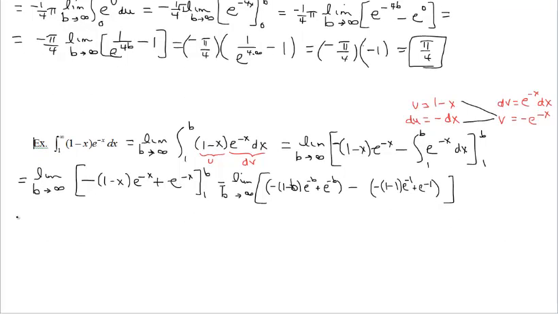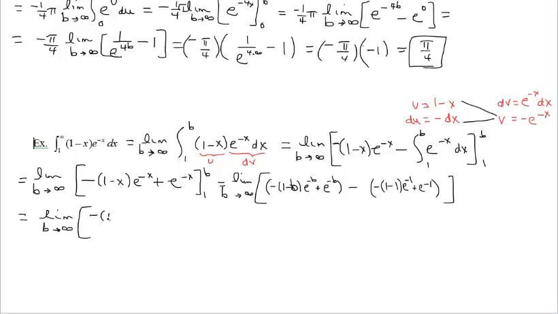Alright. Let's see if we can do some cleanup on this. Okay, looking at this term right here, maybe it'll be helpful if I pull the negative b to the denominator.